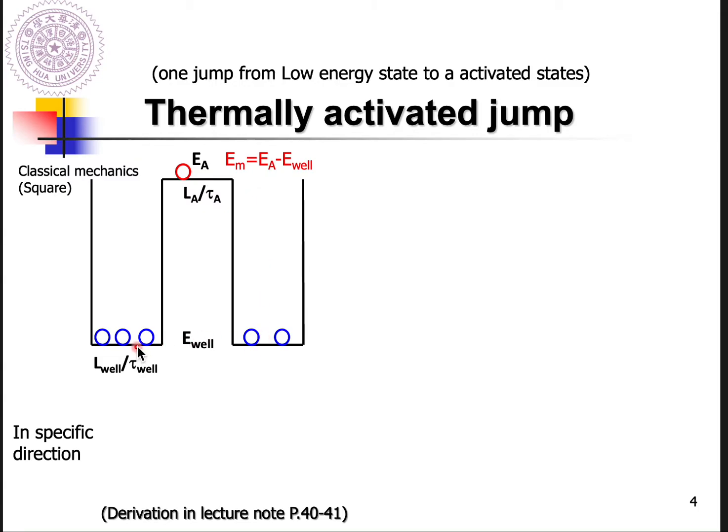If we are interested in the jump rate, the rate-limiting step will be how many atoms have energy higher than this EM, to allow these atoms to jump to the activated state.